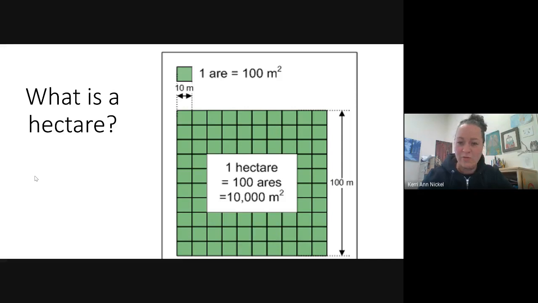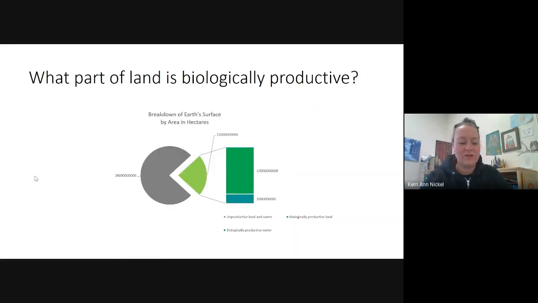Okay, now we need to talk about our living earth, and there's this term called biologically productive, and that just means the amount of land or water that's available on our planet that provides us with all the food, all the water, and all the materials that we need to be able to live and survive. And so if we broke down the Earth's surface, actually about 39 billion hectares is not biologically productive for us.